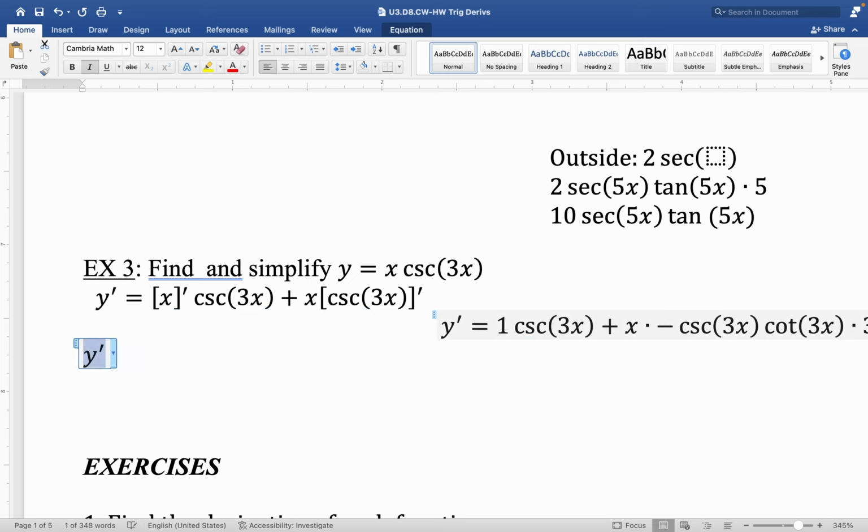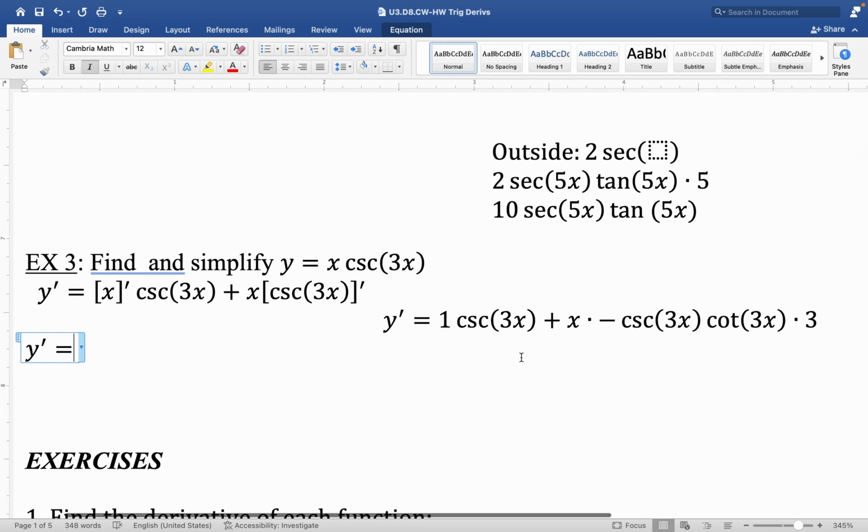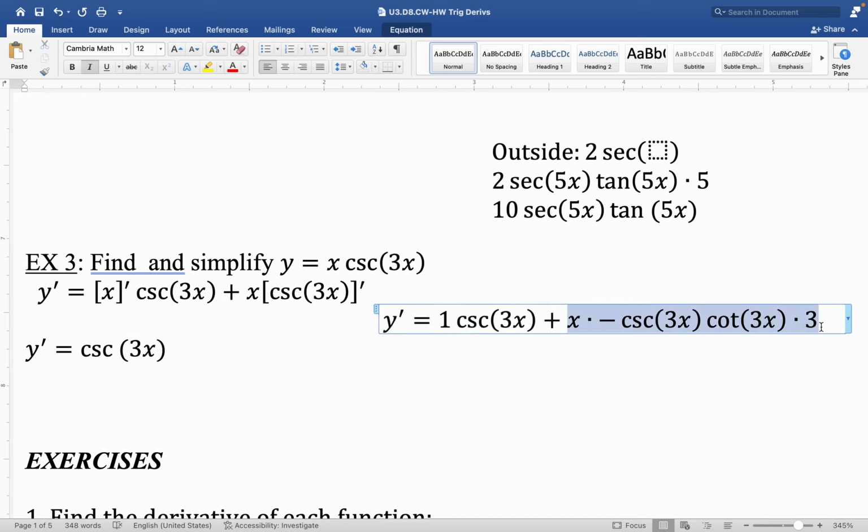We can say that this is y prime equals, well, so let's see. The 1 isn't really doing anything here, so that's just cosecant 3x. And then the whole second term, this is all one term. It's all being multiplied. Because of the minus sign that's sitting right here, the whole term becomes negative, so I'll write a minus. It's good form to put the coefficient, the 3, out in front on the left.